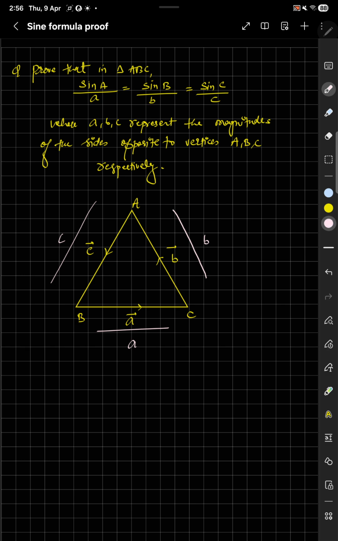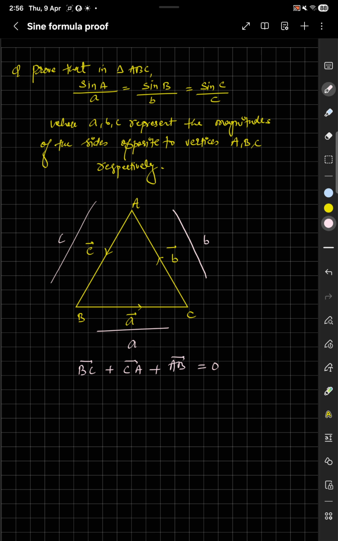We know that in a triangle, if the sides are taken in cyclic order, that is, if you take side BC, side CA, and side AB in cyclic order like this, then the sum of the vectors will be equal to 0.